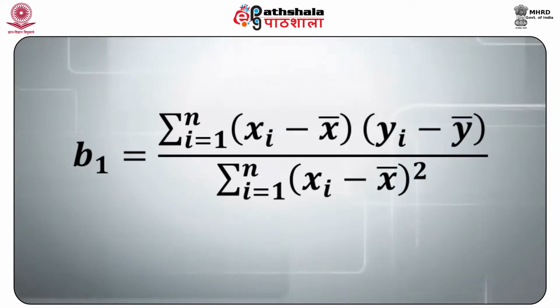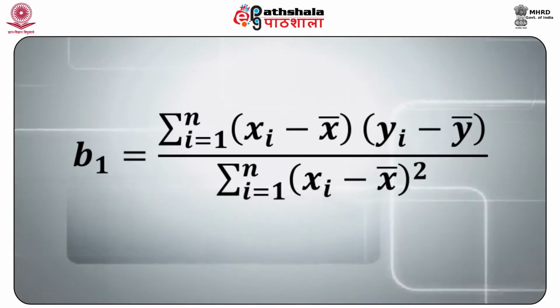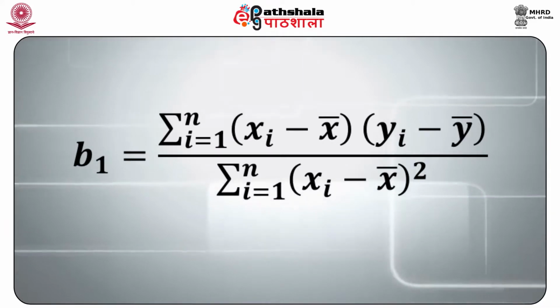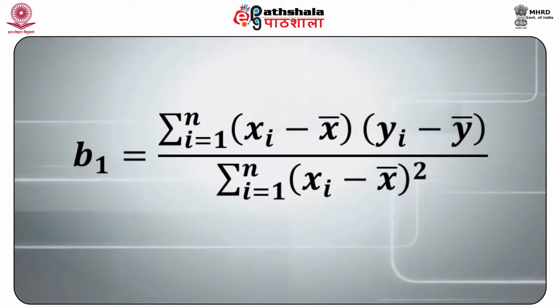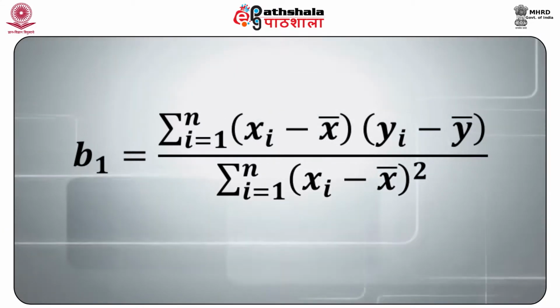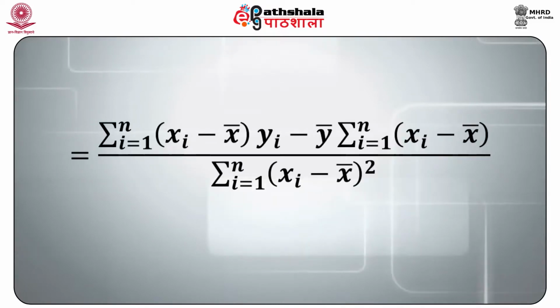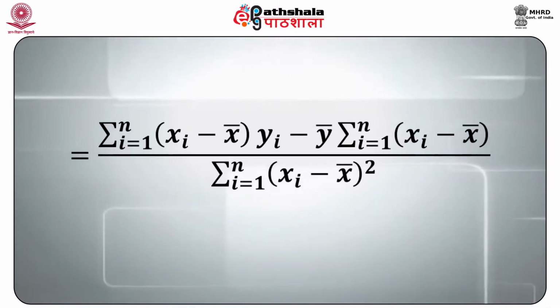Now this can be opened up and rewritten in different forms. So let us multiply the numerator, where we get sigma (xi minus x bar)(yi minus y bar), and the denominator is as it is, sigma (xi minus x bar) square. Now this gives us a new term, which is sigma (xi minus x bar) yi.